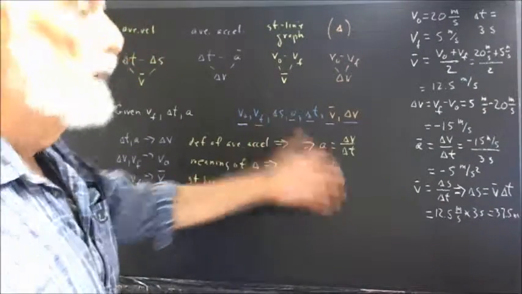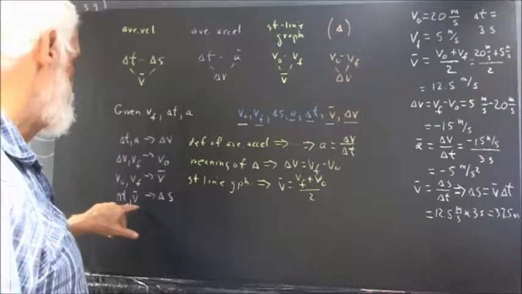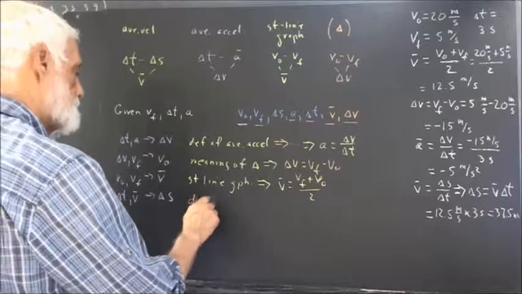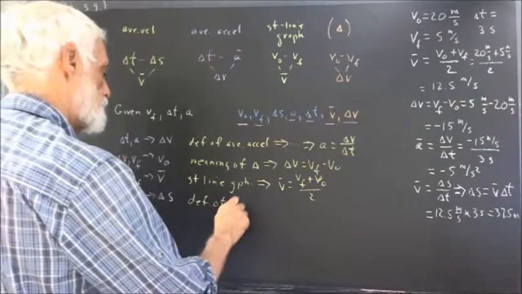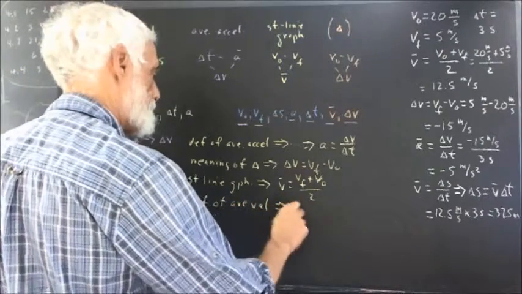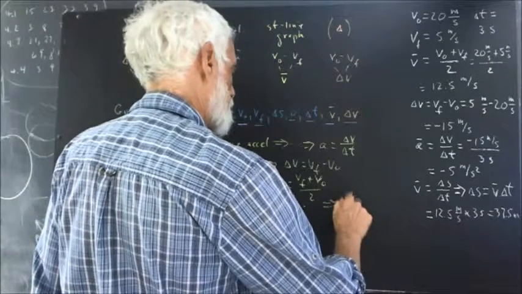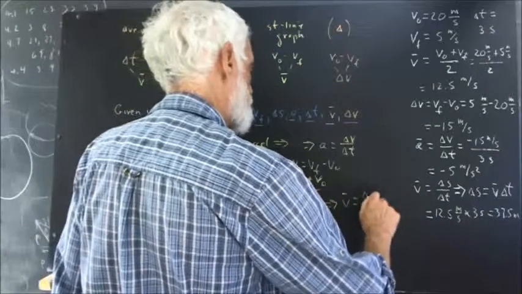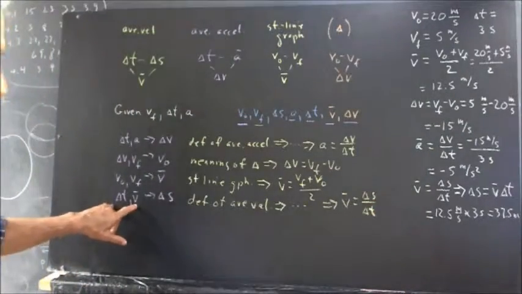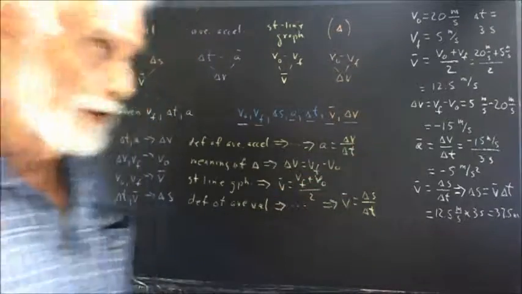We just average initial and final velocities. And finally, how do delta T and V bar relate to delta S? Well, that's a definition of average velocity, which implies that V bar equals delta S over delta T. So delta T and V bar, multiply both sides by delta T, we're going to get delta S.